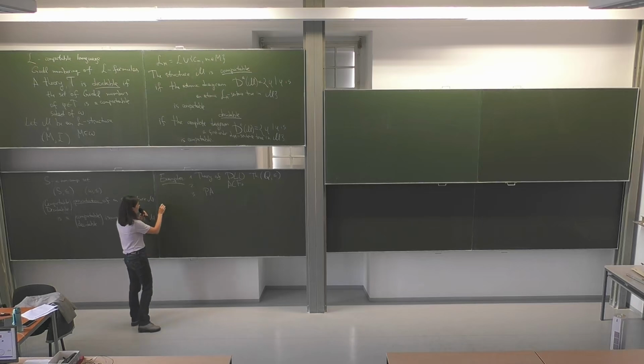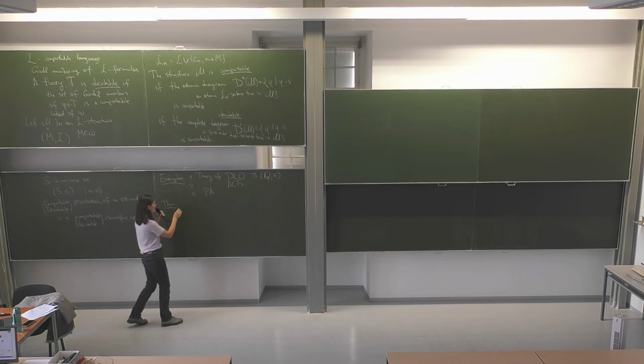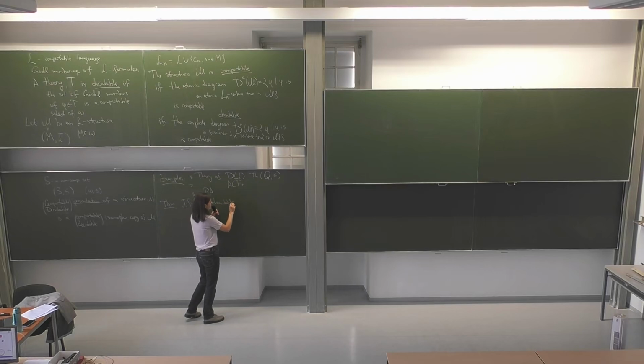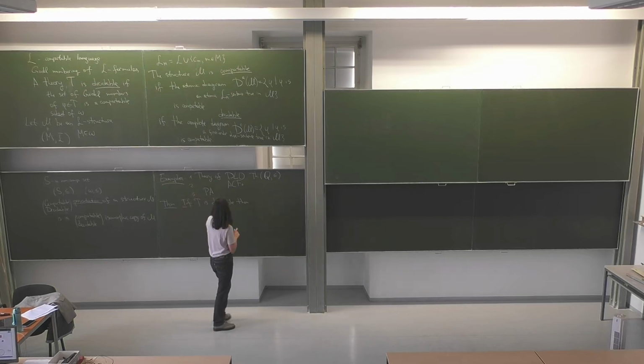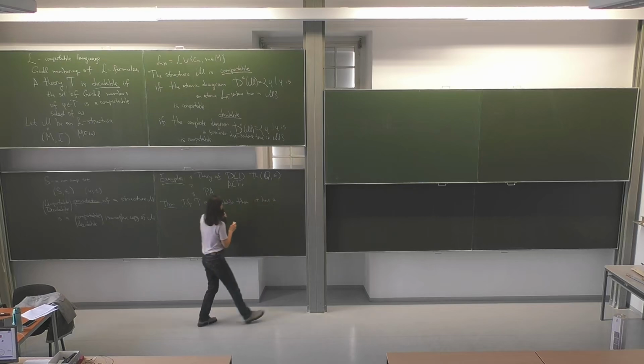Okay, so anyways, the theorem. If a theory T is decidable, and consistent, so I will only talk about consistent theories, then it has a decidable model.